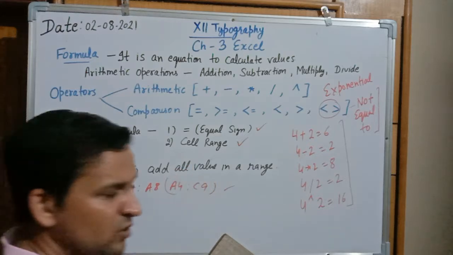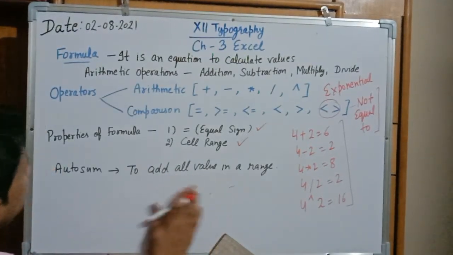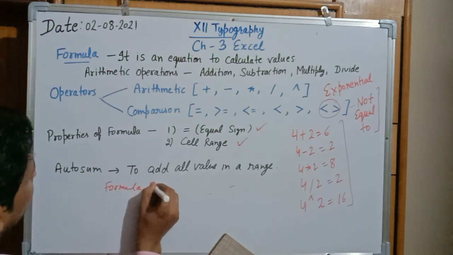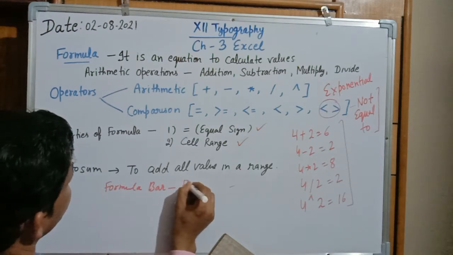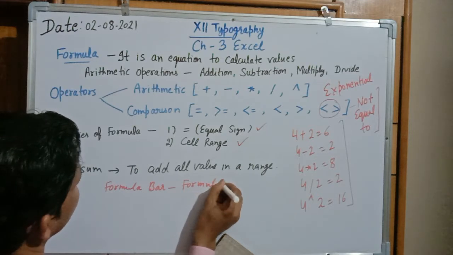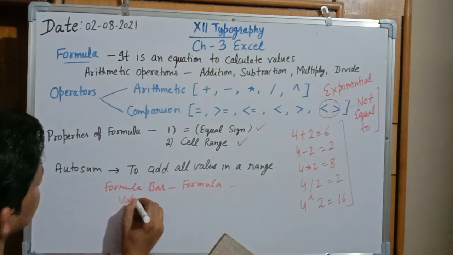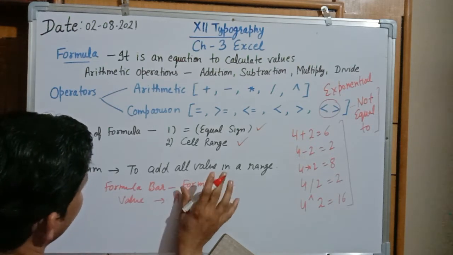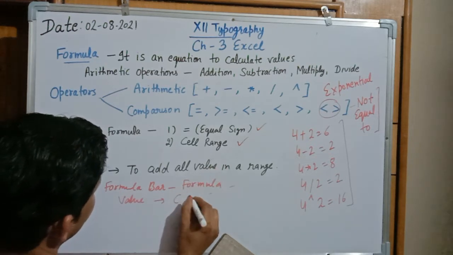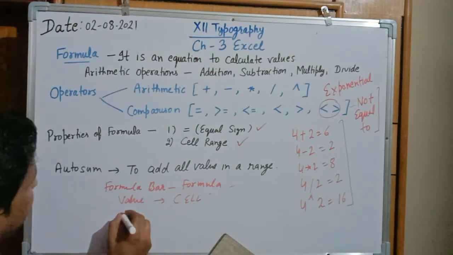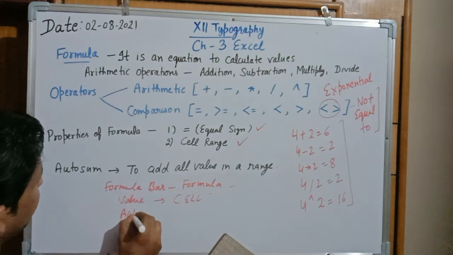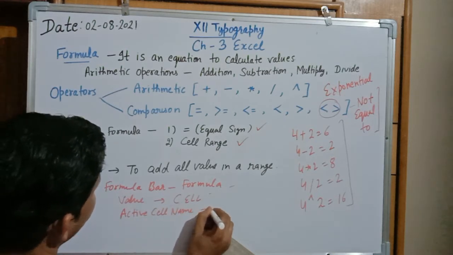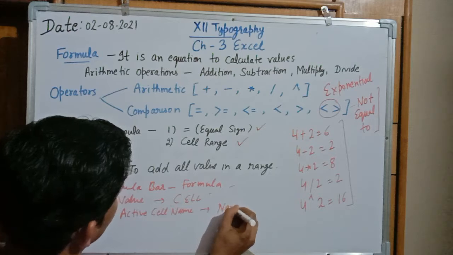And after calculating the formula, the most important property: formula will be displayed in the formula bar, and the value will be displayed in the cell where we have the cursor, and the active cell name will be displayed in the name box.